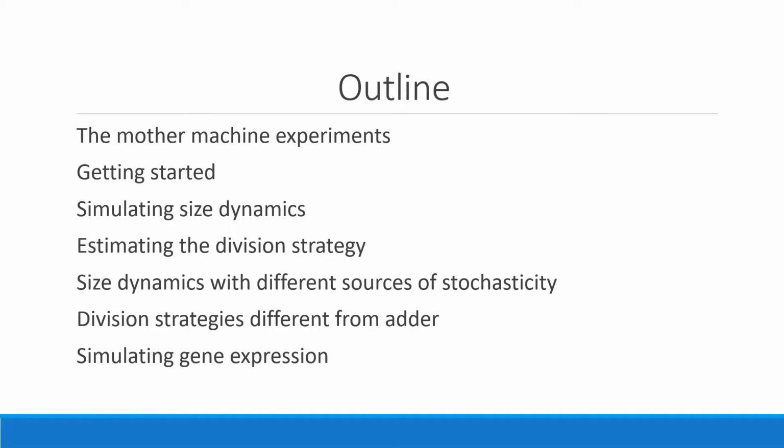Finally, we're going to explain some additional properties of PyEcoLib, such as adding different sources of stochasticity in the division and exploring some division strategies different from the adder. Finally, explaining some examples about simulating gene expression in E. coli.